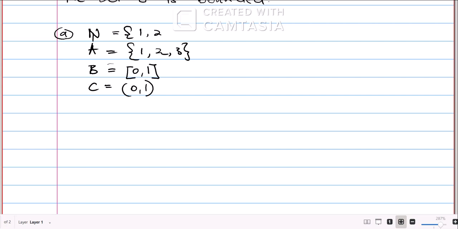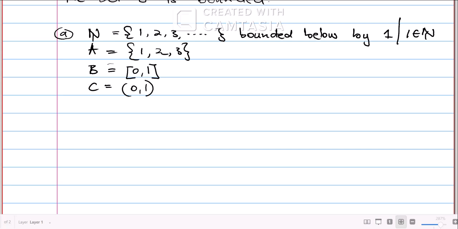So 1, 2, 3, and it continues to infinity. So sorry, this set is only bounded below. It's only bounded below. So the set is bounded below by 1, and 1 is an element of the natural numbers. It's not bounded above because we don't have a number here.